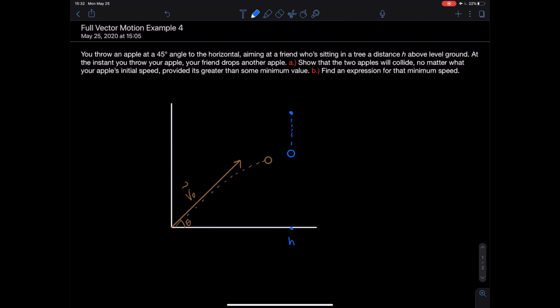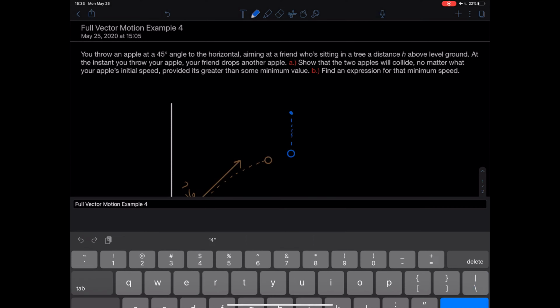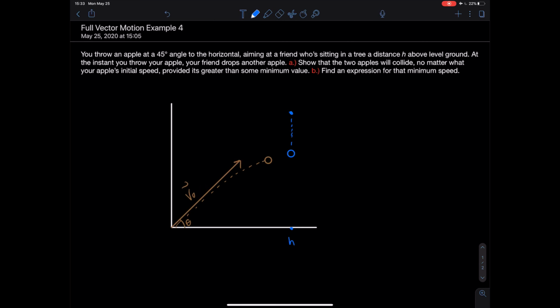All right, so this problem involves kind of realizing what exactly is going on with the distance away here. If we have a 45-degree angle from the horizontal, that also means our vertical angle right here is 45 degrees. So before we go any further, I encourage you to maybe pause and try to figure out how to prove this.